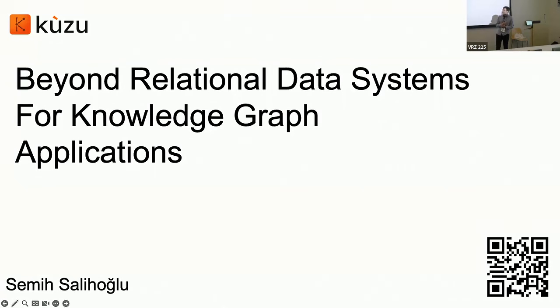Similarly, I'm using the term beyond relational data systems as an umbrella term as well to refer to several classes of systems that extend relational systems and that are different from the traditional relational systems in some sense. One of the commonalities of what people refer to as knowledge graphs is that the data systems that people use to actually build applications go beyond SQL, beyond these traditional relational systems. So that's the umbrella term that I am using.